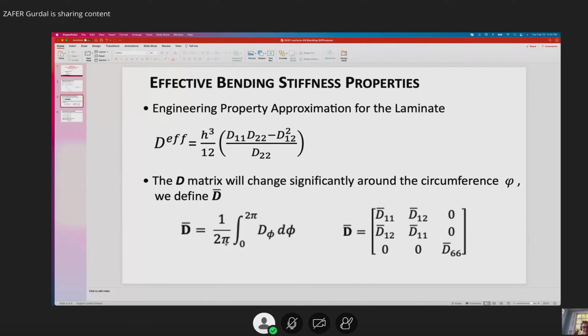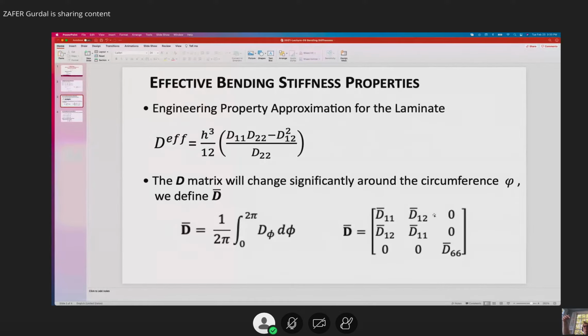So this is the average of the D matrix. The D matrix is not one scalar term. It is actually a matrix, and D bar is an average bending stiffness matrix for a laminate, integrating every D quantity around the circumference.